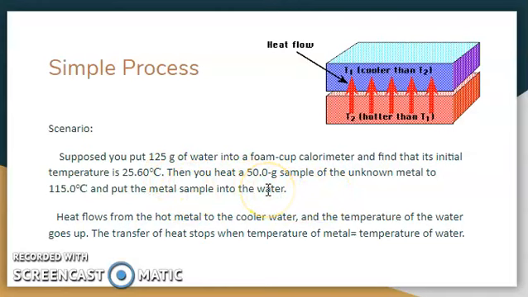When you put the heated metal in the water, the heat flows from the hot metal to the cool water. As you can see, T2 is hotter than T1, so heat flows to the water, and the temperature of the water goes up. And then when the temperature of the metal and the water are the same, the transfer of heat stops.